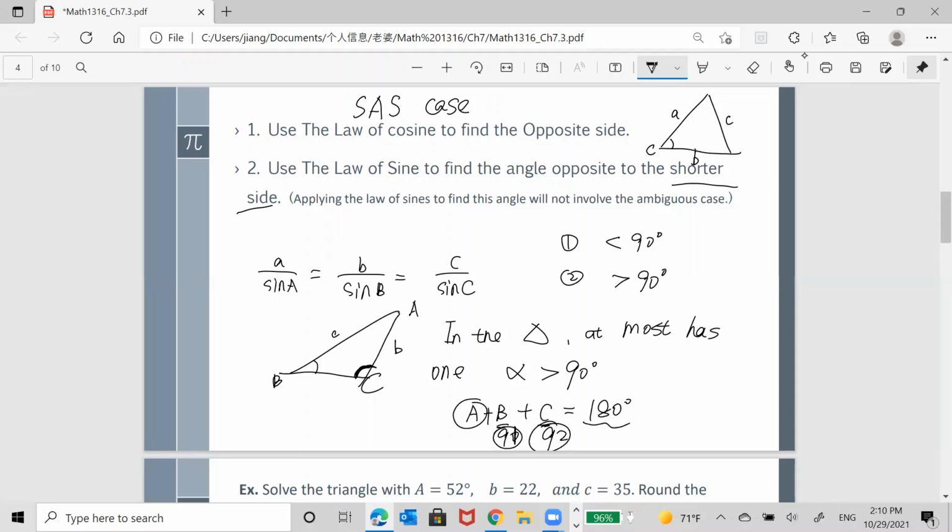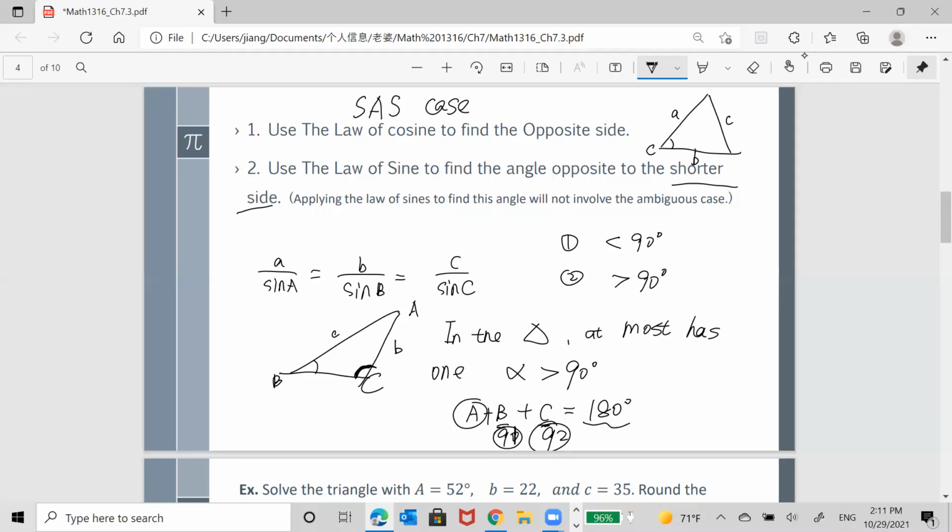If we choose the longer side or longest side, its opposite angle could be an obtuse angle or an acute angle, so we have two cases. But if we choose the shorter side, that means this angle must be an acute angle. So that makes things easier.